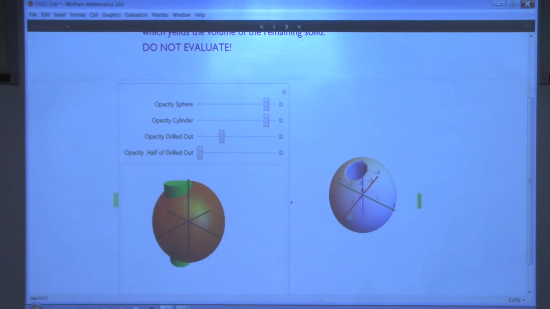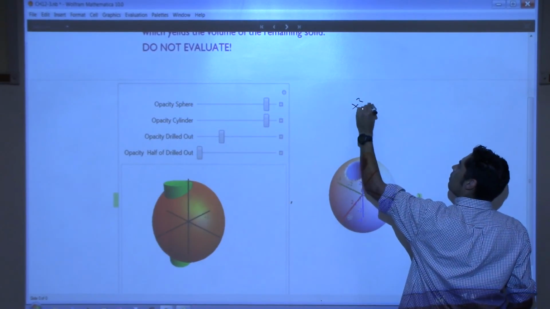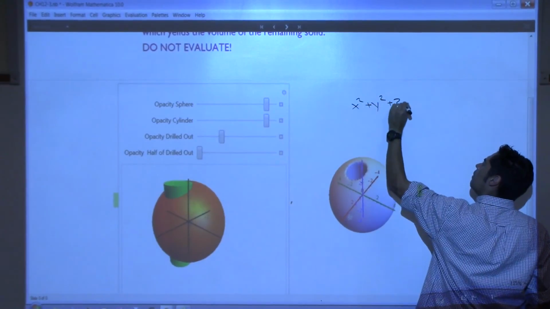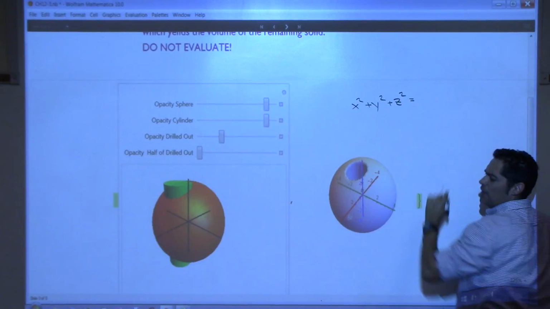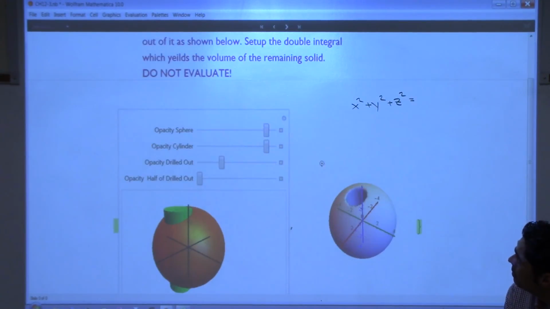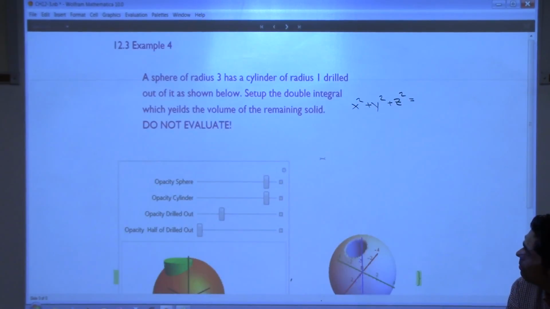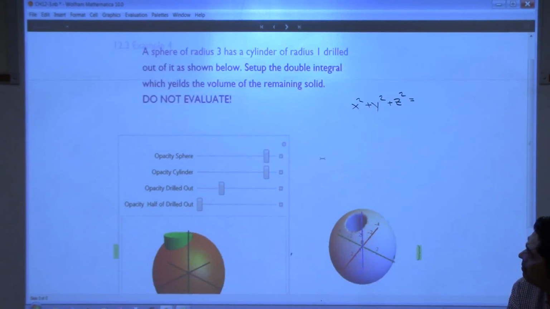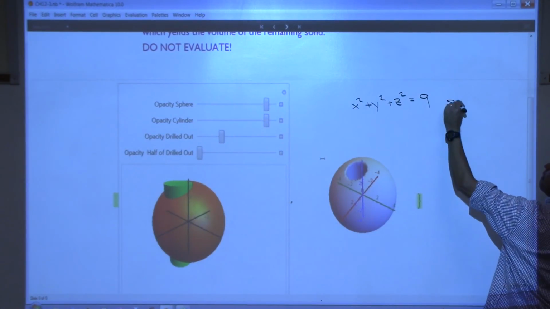Okay, so what's the equation of the sphere? What was our radius? I think on this problem it's 3, right? On the take-home I thought it was 4, right? Sphere radius 3. So 9. That's your sphere.